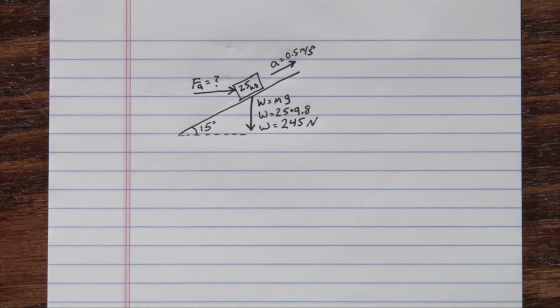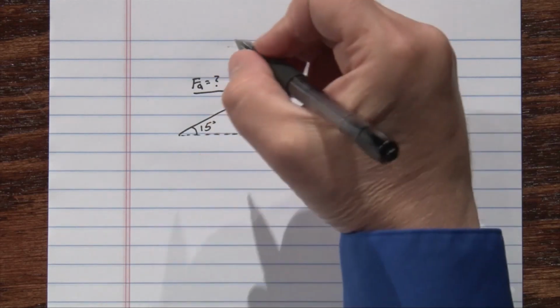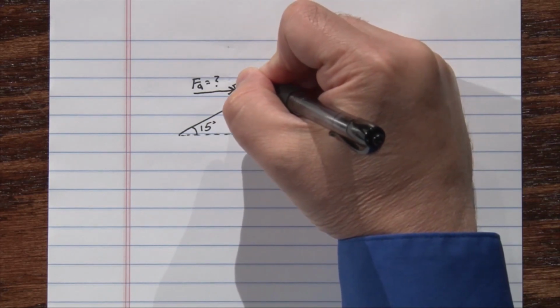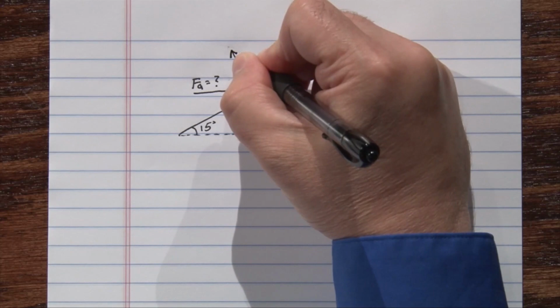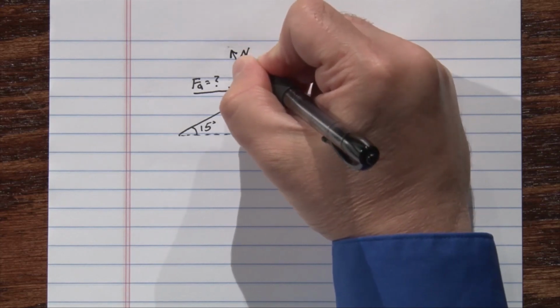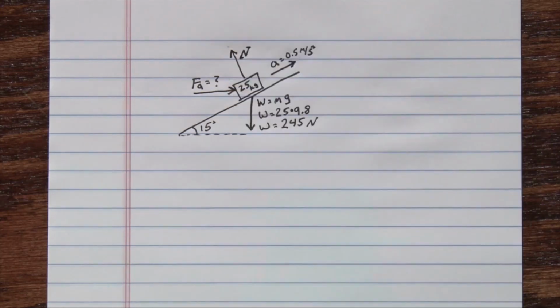And that's what keeps the box from falling through the ramp. So I'll draw in the normal force perpendicular to the incline. So it'll be in that direction. And now I have indeed drawn in all of the forces on the box. That is everything that we can get directly from the question statement. That's all of our forces, our acceleration, our diagram.